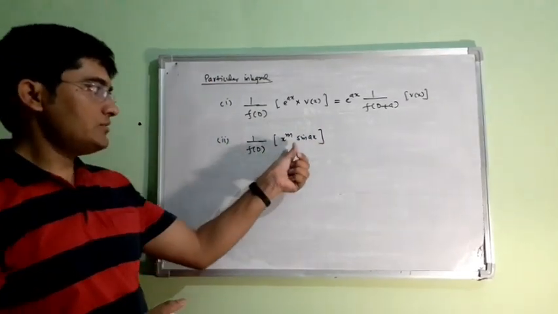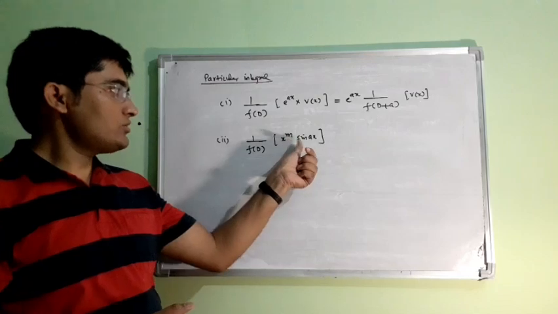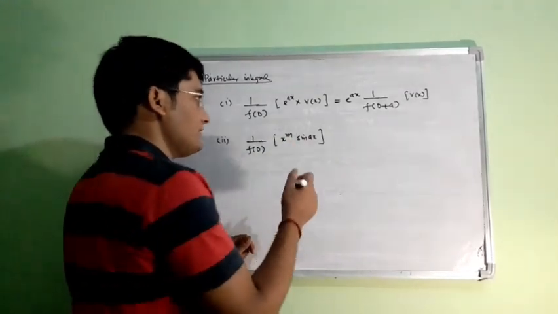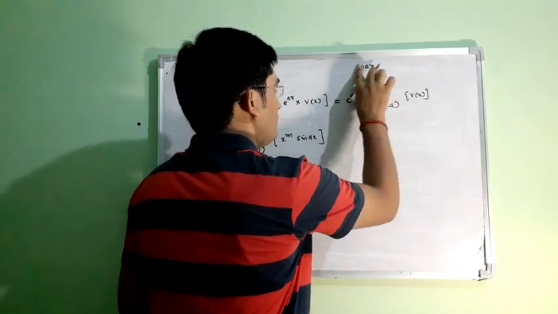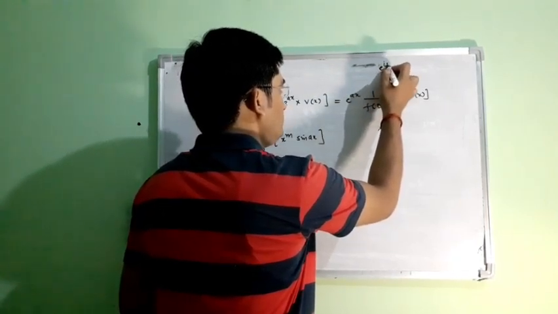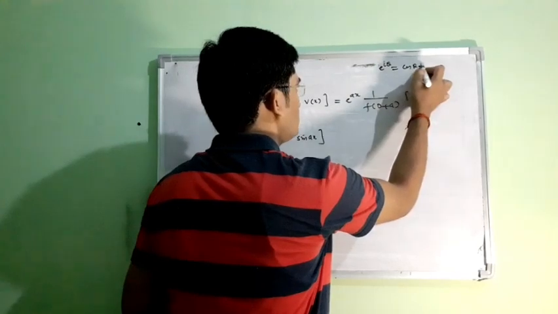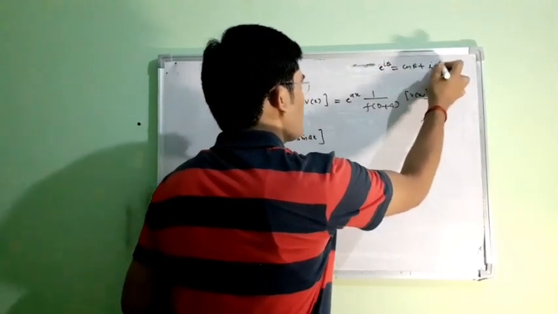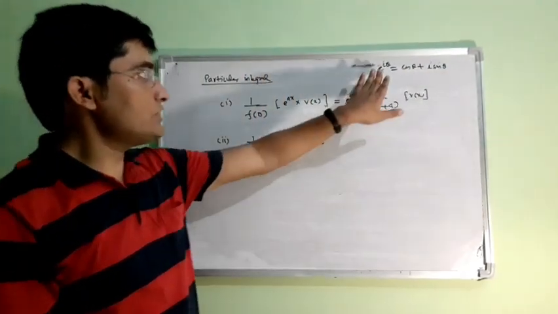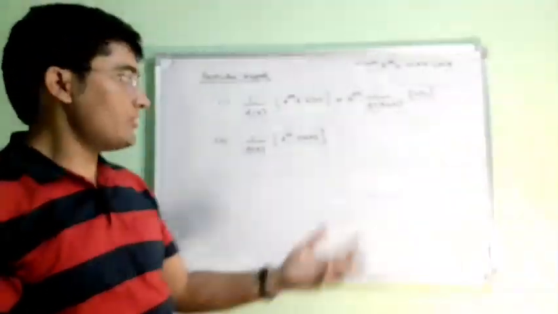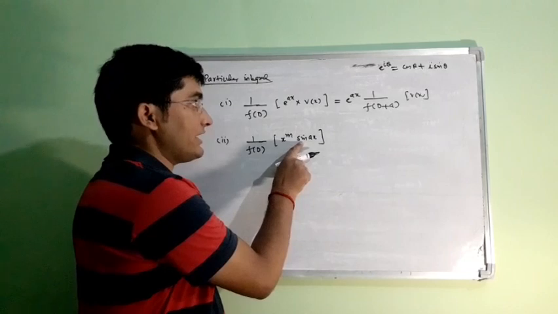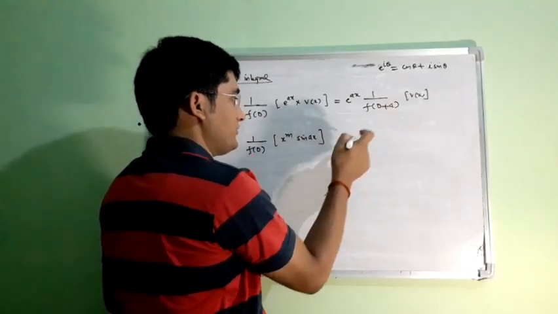The next formula is for x to the power m into sin ax. In this case, from the Euler formula, we know that cos theta is the real part of e to the power i theta and sin theta is the imaginary part of e to the power i theta. So here your sin theta can be written as the imaginary part of e to the power i theta.